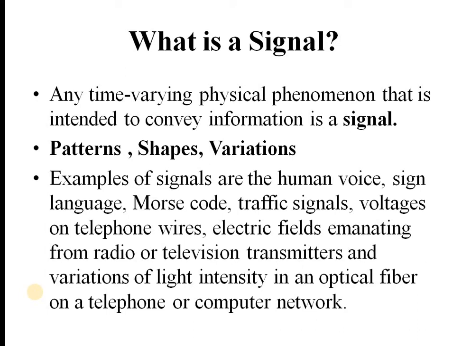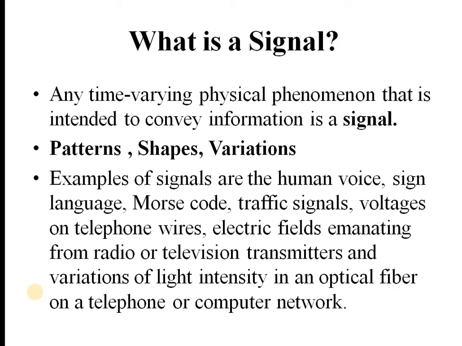Simple examples that I would like to discuss about signals are human voices, what I speak, and sign languages, something like a binary language that we represent in terms of zeros and ones. When we process those sign languages, we get some kind of information out of it.